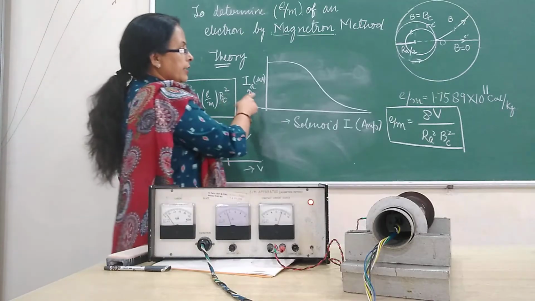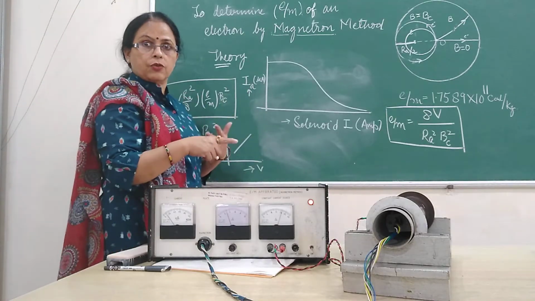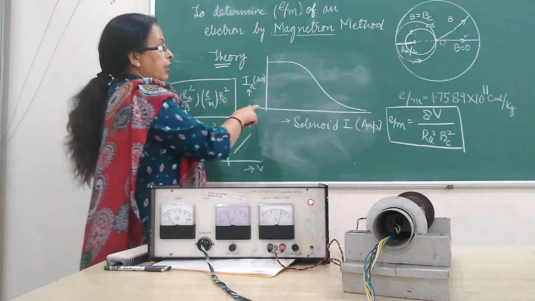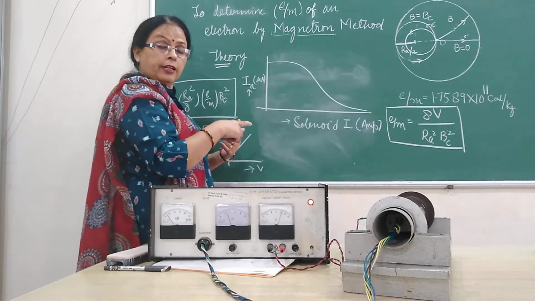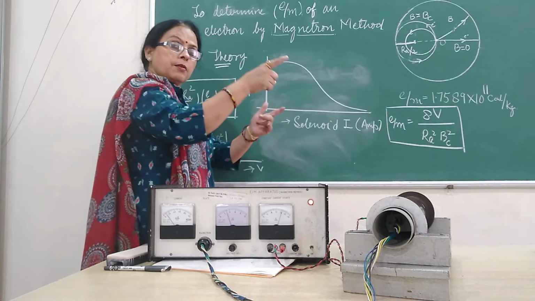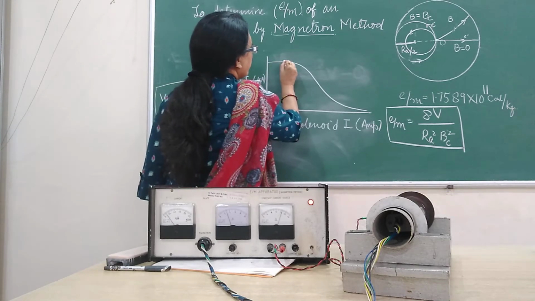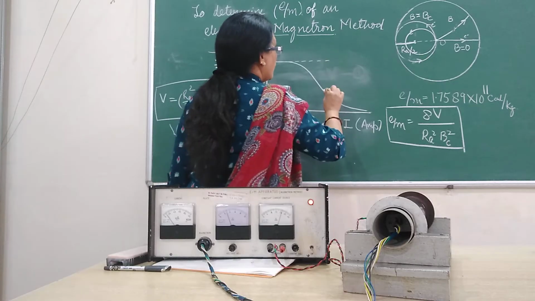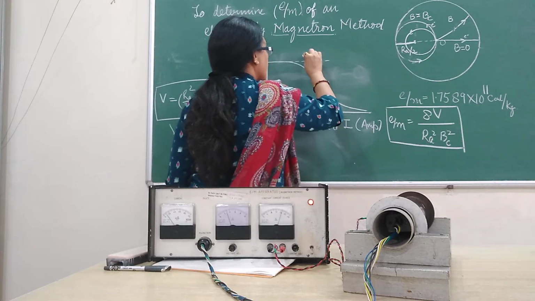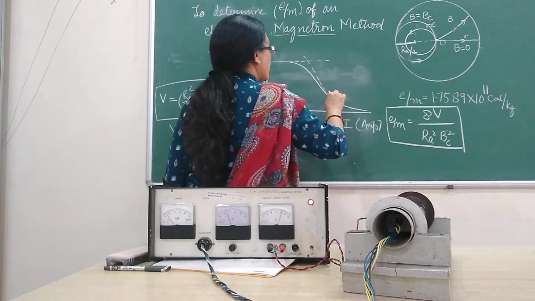Then to calculate this IC or BC, we calculate the IC, that is the current in the solenoid which is producing the critical magnetic field. So we draw a tangent at this point, and we draw a tangent at this point at which practically the current is becoming zero.